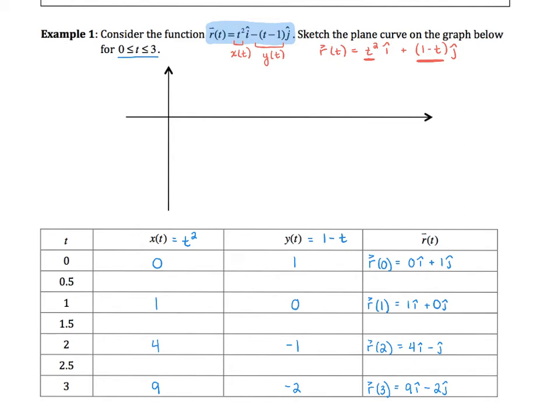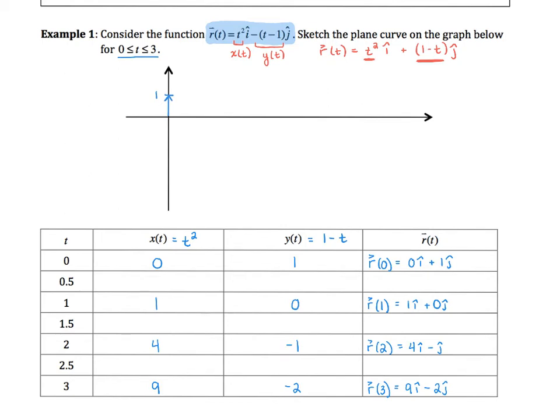So let's lay these 4 vectors in this rightmost column. Let's draw them. So r of 0: that is no horizontal component and 1 vertical component. So I'm going to label 1 up here. That is this vector right there. Fantastic.